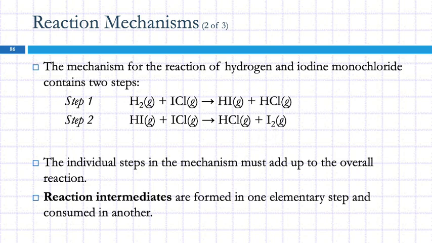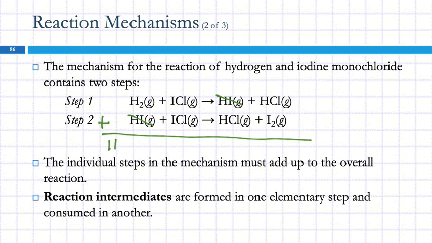So these individual steps are going to add up to the overall chemical equation. So we can add these chemical equations together. We can look and see if there's anything that appears on both sides. So here, HI is over here and HI is over there. So those are going to end up sort of canceling each other out, right?